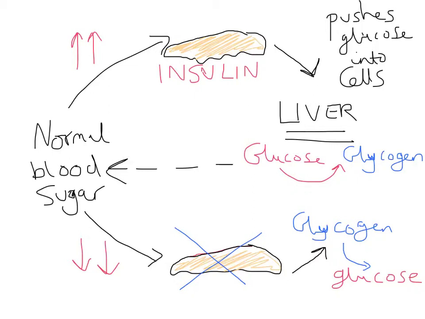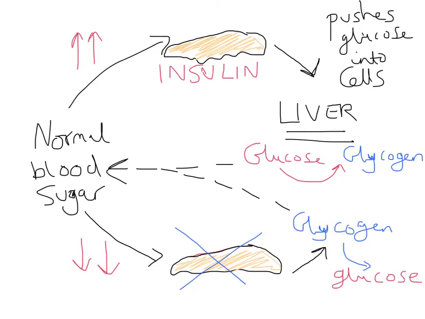So we use those liver stores of glycogen and we turn them back into glucose to raise our blood sugar, or we try and raise our blood sugar ultimately to restore it again back to normal. Now that typically is what happens in the body. That's how we control our blood sugar level to keep it at around 90 milligrams per 100 centimetre cube.